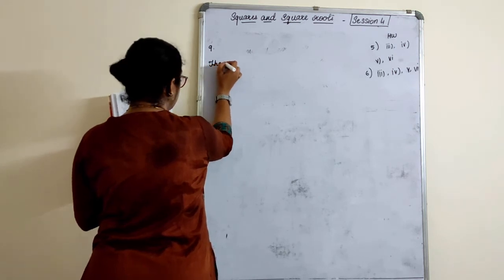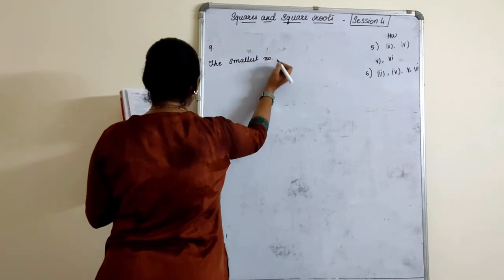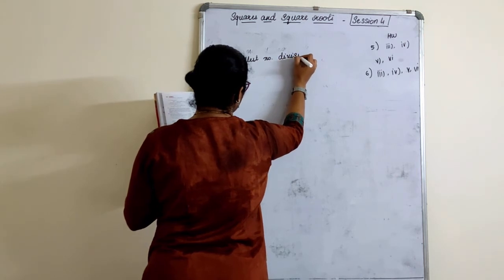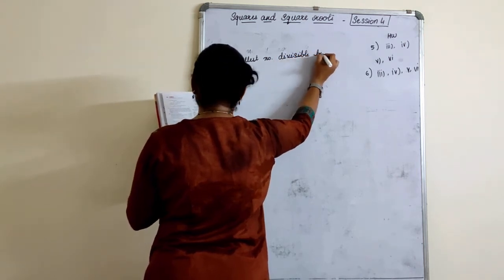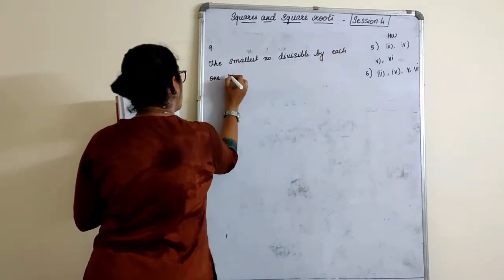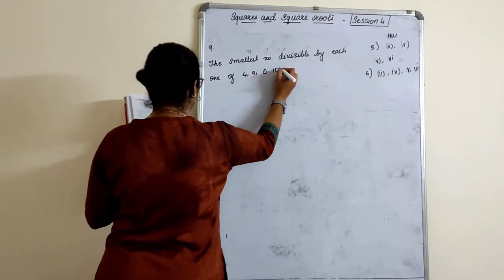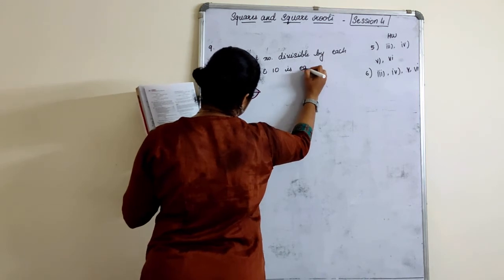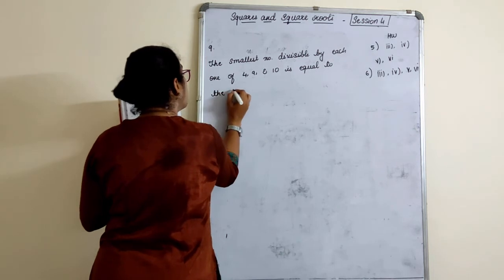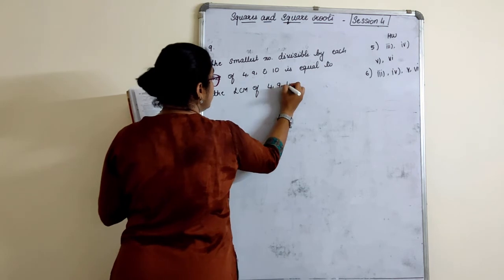The smallest number divisible by each one of 4, 9 and 10 is equal to the LCM of 4, 9 and 10.